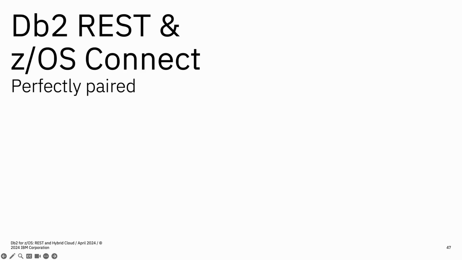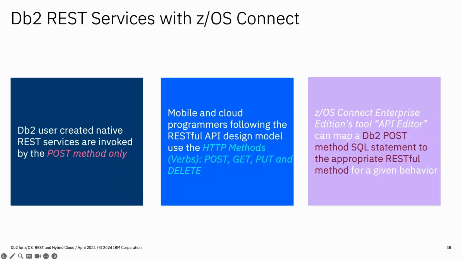But there are some drawbacks with that, and that's why we have z/OS Connect. So, for example, we saw that Db2 only supports the post method. Since Db2 native REST only supports the post method, we want our developers and DBAs to be able to use the fully RESTful methods.